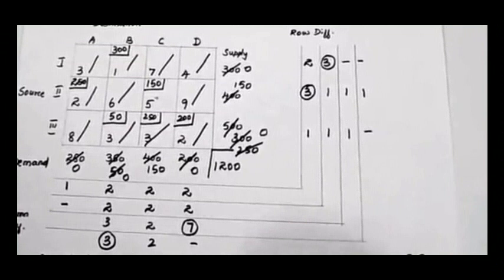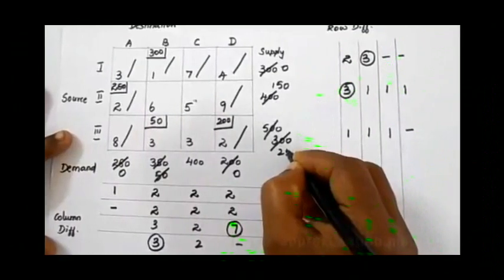Here only two elements are left, 5 and 3, and it is not necessary to go for row difference as well as column difference because there is no other number left row wise or column wise. Comparing 5 and 3, the least value is 3, and we allocate whatever demand and supply is left.